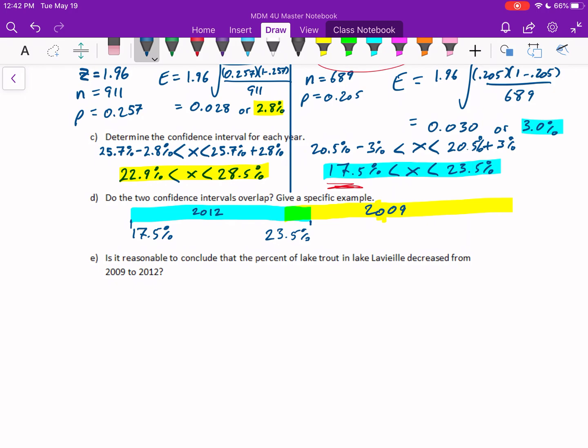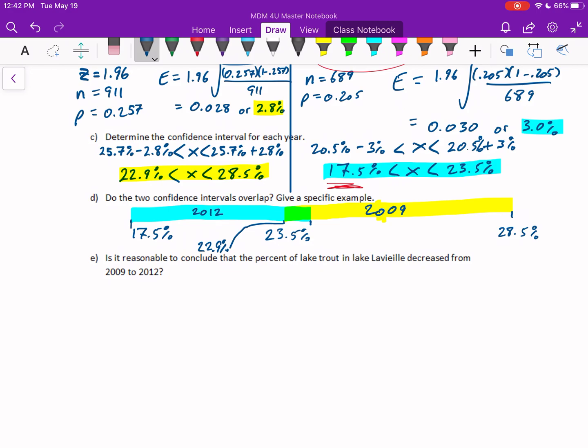So this was the limit here. This was 22.9%. And this upper limit was supposed to be 28.5%. The fact that I've used these two different colors, you can see the green on this, at least on my screen, hopefully it looks green on yours too, shows where they overlap.